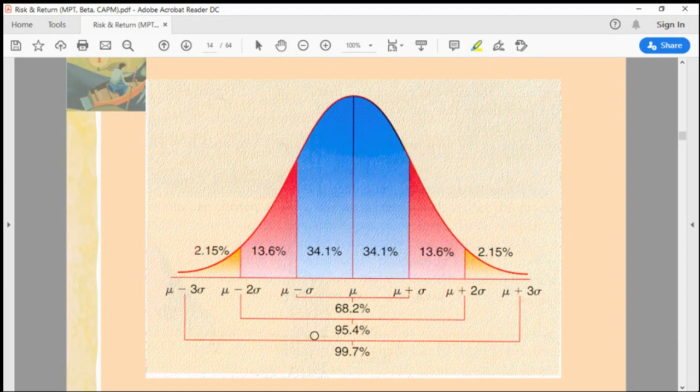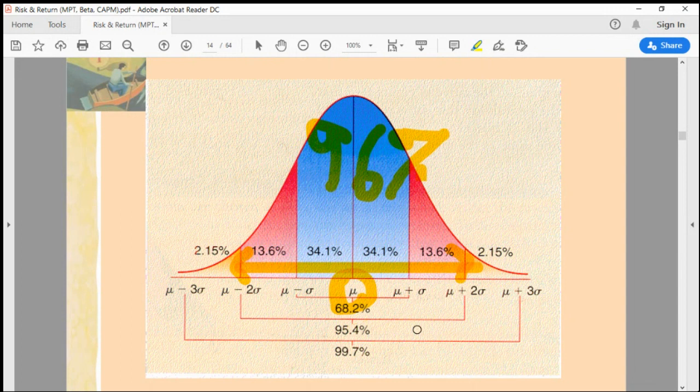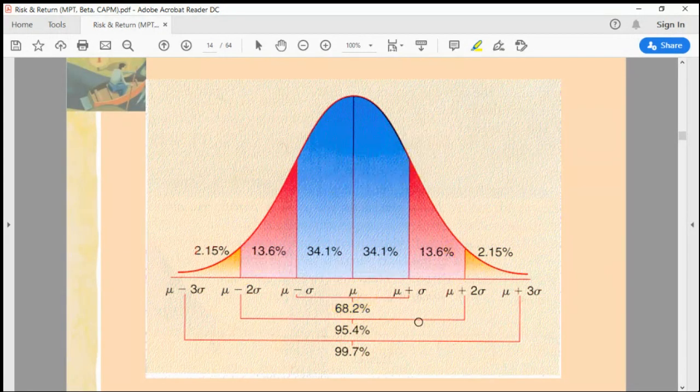Now, you see this notation mu, that's the Greek character mu, which corresponds to the Roman alphabet M. So that means mean, the average. And this is the Greek character sigma, which is S, and that stands for standard deviation.